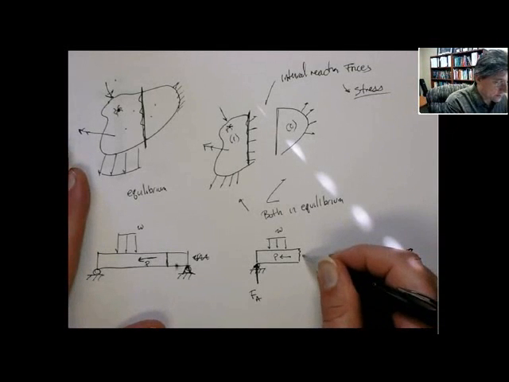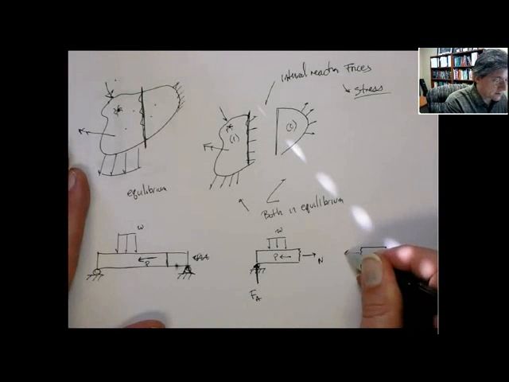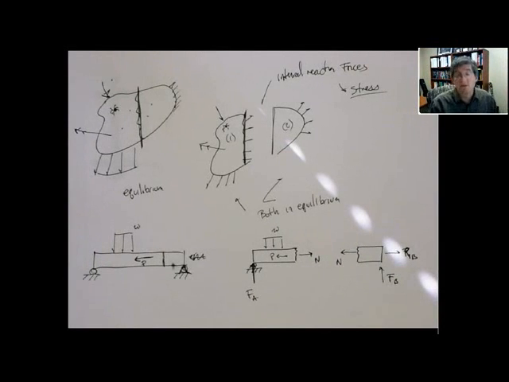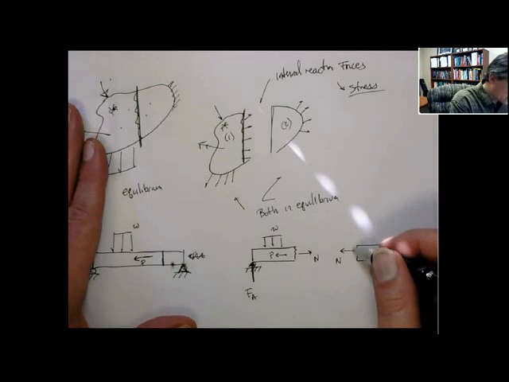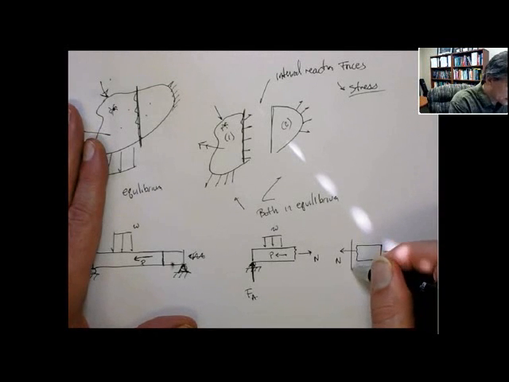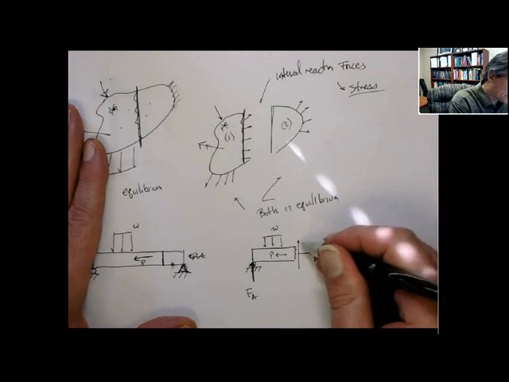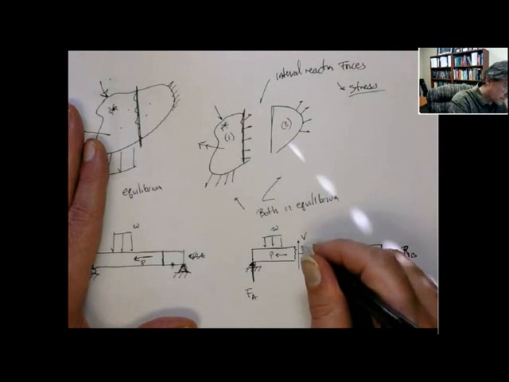You can have a normal reaction force in the normal direction. It's like an axial force. That's denoted with N. You can also have a shear force, and we'll talk about this sign difference. We have a shear force, and we can also have a moment.